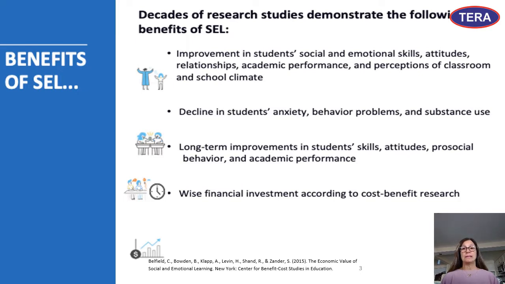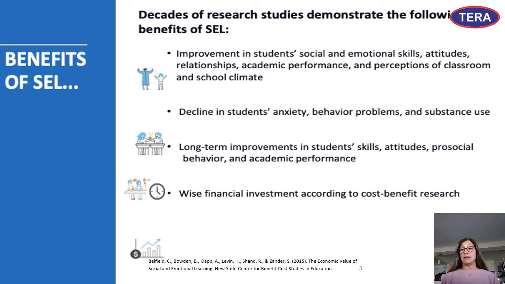Further, the research demonstrates that with the development of social emotional skills and social emotional learning, there is a decline in students' anxiety, behavior problems, and substance abuse. Having said that, that points back to my previous comment that things should be positive in classroom settings, positive in relationships between leaders and teachers and students.